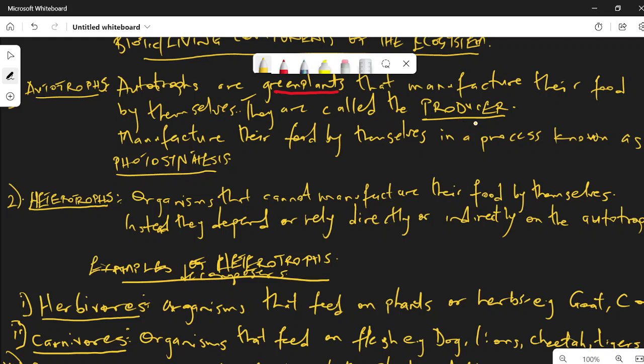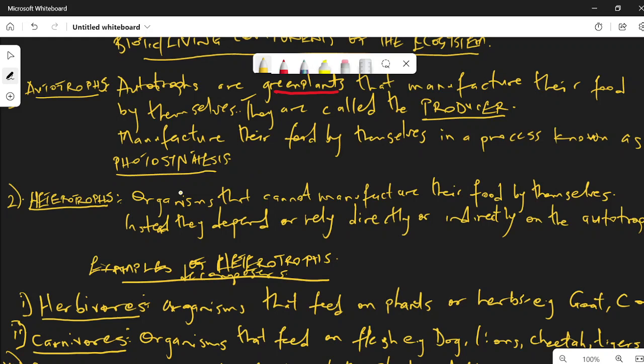They are called or known as the producers. They manufacture their food from a process known as photosynthesis. And that is when they make use of nutrients in the soil, water in the soil, carbon dioxide, as well as the solar energy from the sun.